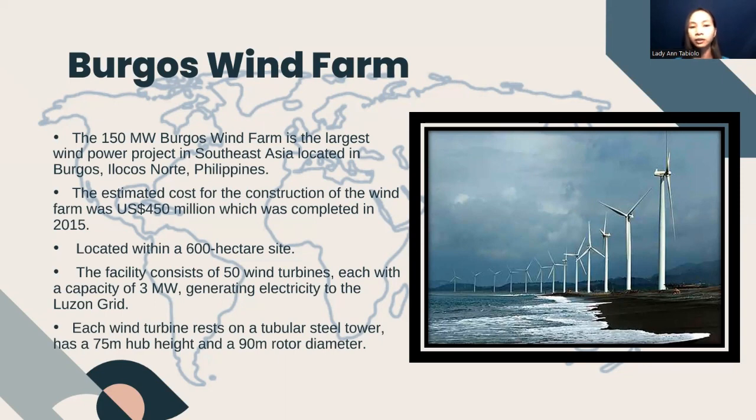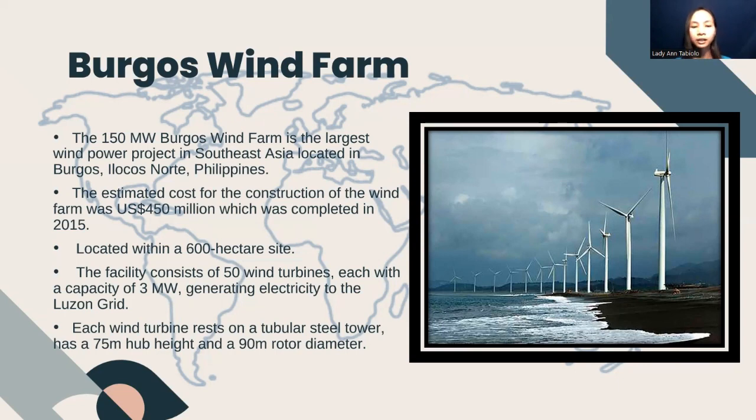Hindi siya katulad ng sa sinabi ko ngayon na average ratio niya na from 1,000 to 1,005. Mas malaki na ngayon yung rotor diameter niya and mas malaki yung efficiency niya, mas malaki yung chance niya na makapag-generate ng mas greater amount ng electricity and then mas less pa yung kanyang gastos sa paggawa nito.